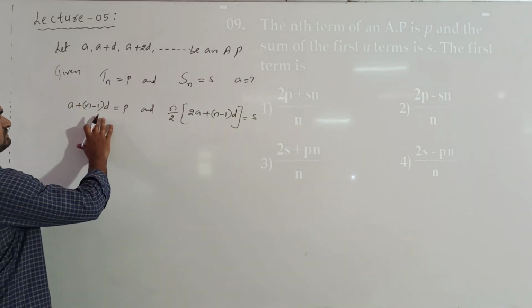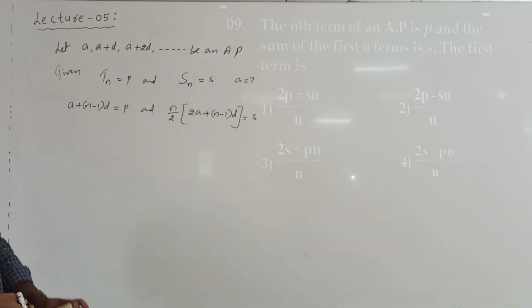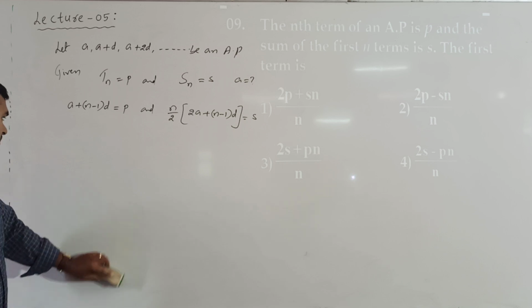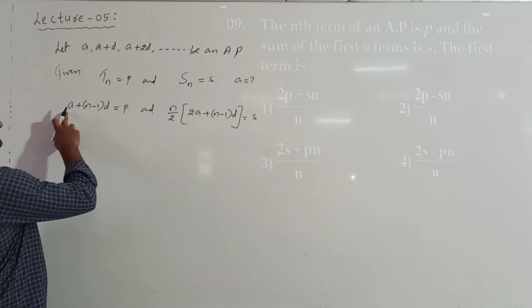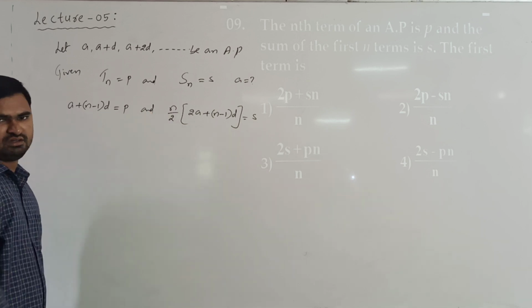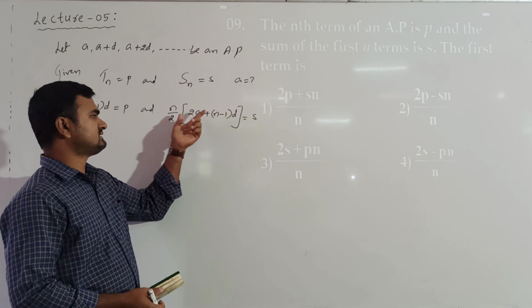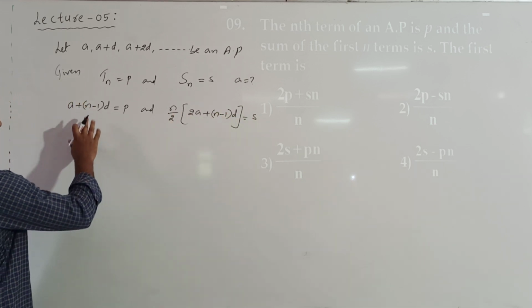Now solving these two, we have to find the a value. For finding a, we have to eliminate d here. If you eliminate d, then we get the answer in terms of n, s and p.